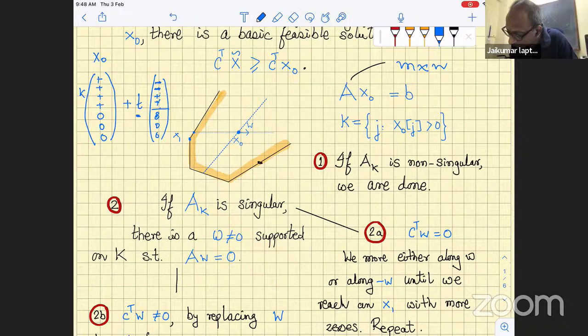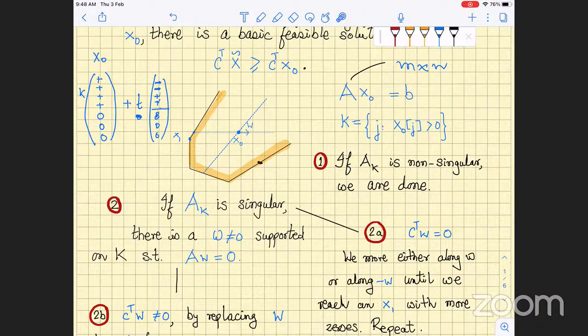Now, as we move in that direction, moving in that direction means increasing the value of t. So we move in that direction, and what will happen? This negative and this positive will collide. And at some point, one of these positives will threaten to become negative. At that point, that positive has become 0.